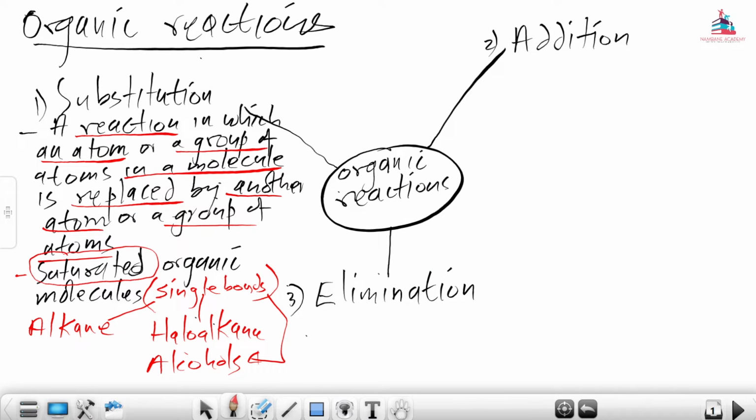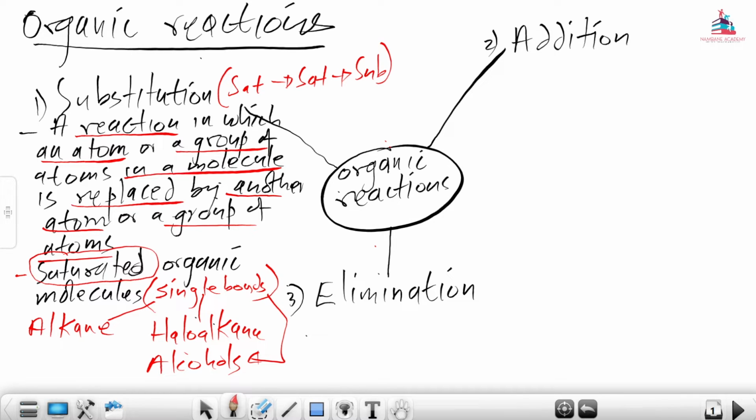Whenever I am trying to identify a reaction where substitution is taking place, it must move from saturated to saturated. That must be substitution.